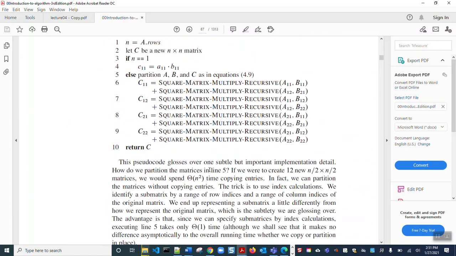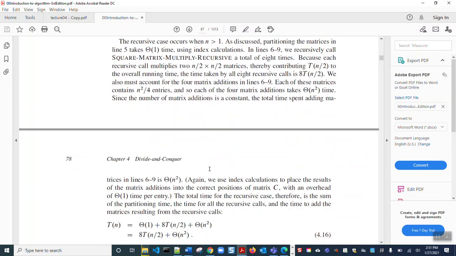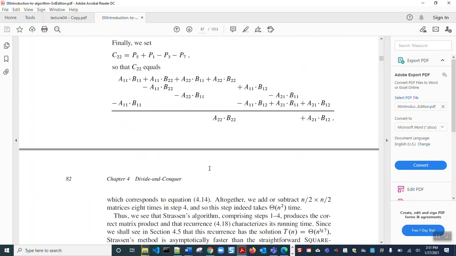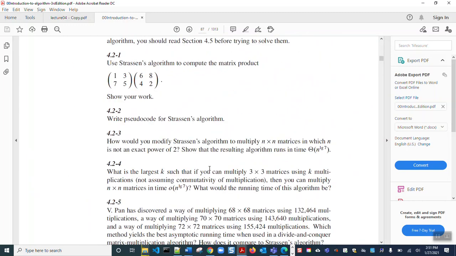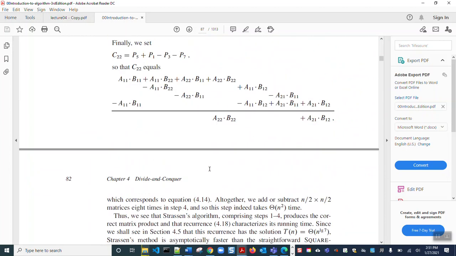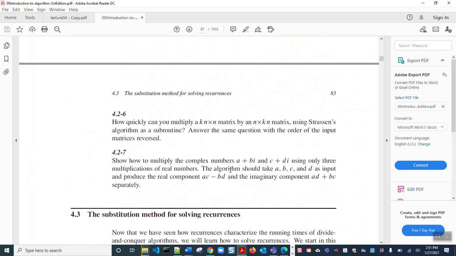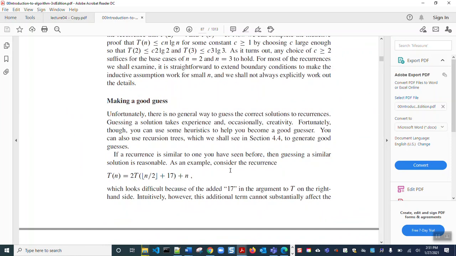The book has it in detail, several pages, section by section. Now let us go to our slides.